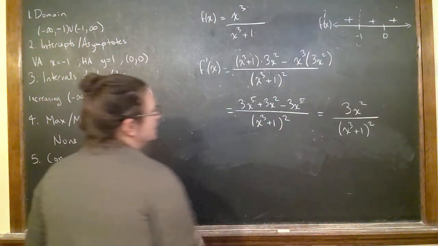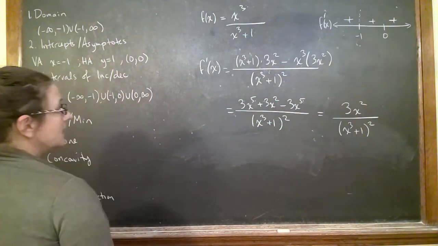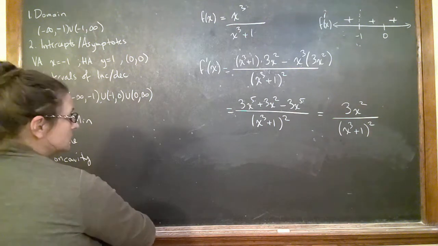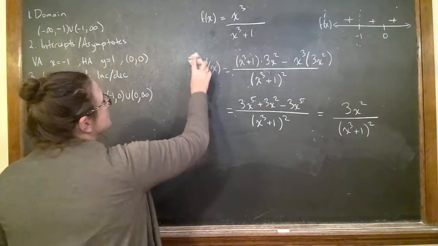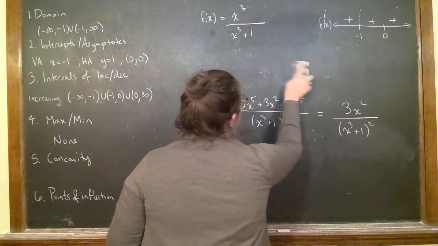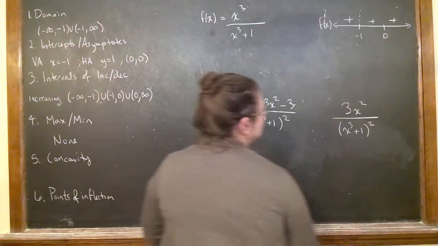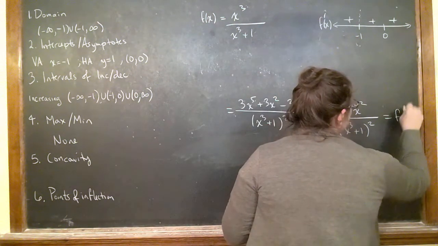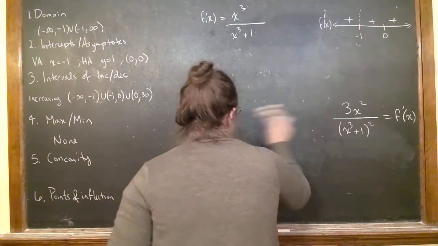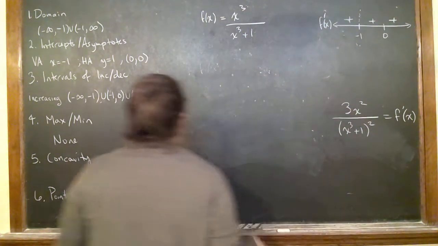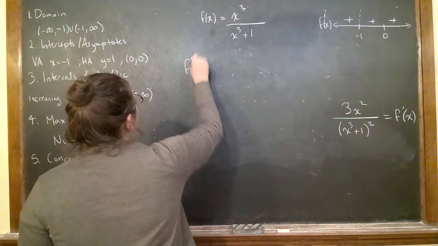Okay. So let us look then at the second derivative. We'll just keep this one over here for the time being, because I'm going to have to take the second derivative. It's going to be a little messy.